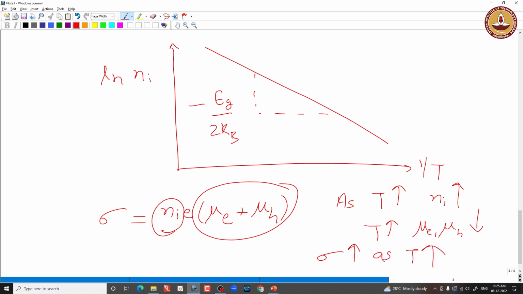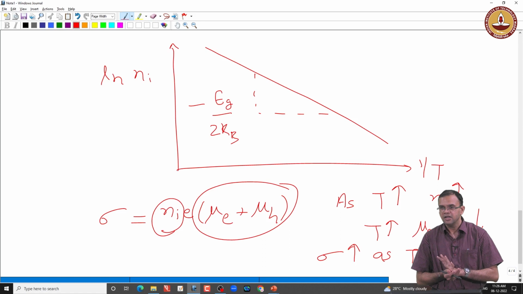This is the biggest difference between metals and semiconductors. In both cases, the mobility reduces. In the case of metals, the charge carriers are already large, they are not going to change with temperature. But for semiconductors, as temperature increases, the charge carrier concentration will also increase, and that is why the overall conductivity is higher.